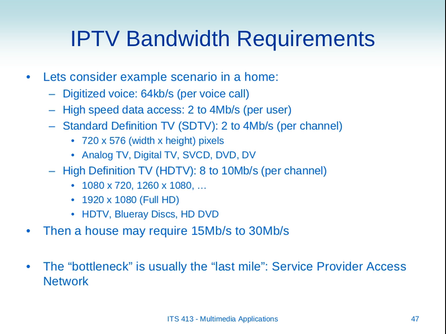So this house, if there are multiple people watching TV and making voice calls and accessing the internet at the same time, we're talking about the house needing or utilizing, say, 15 to 30 megabits per second. Let's say the upper limit, 30 megabits per second.